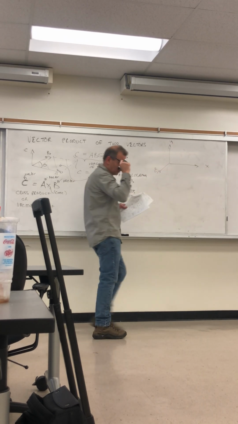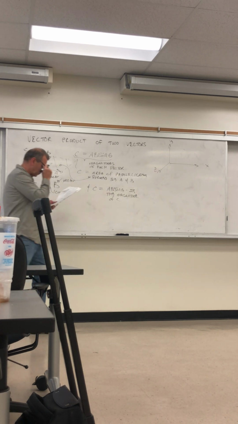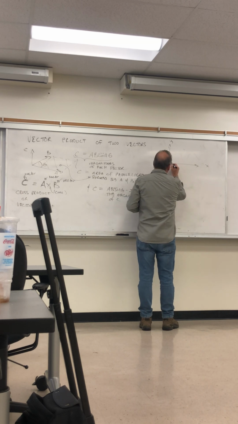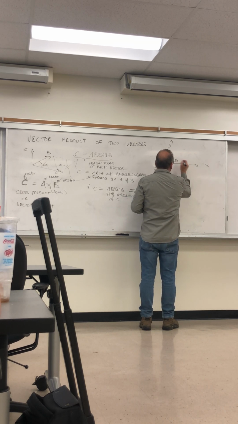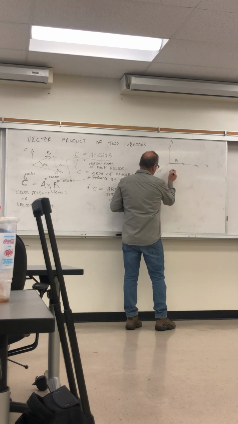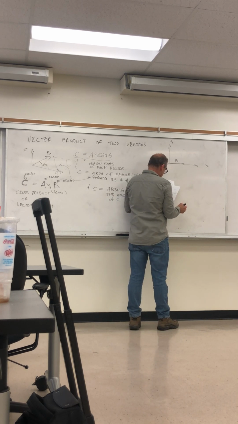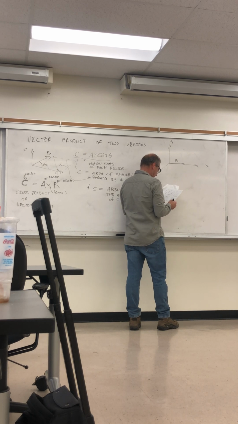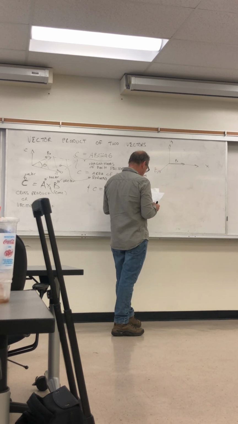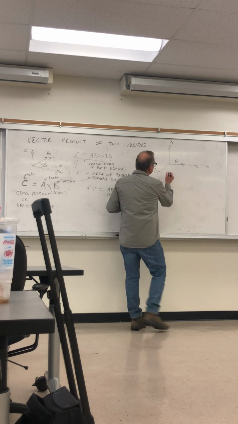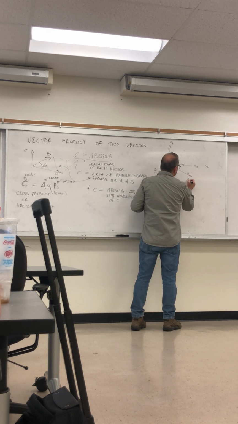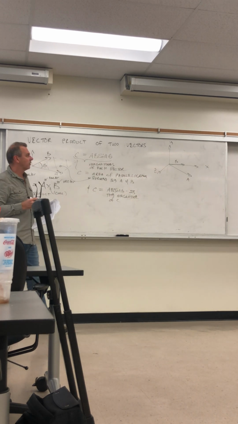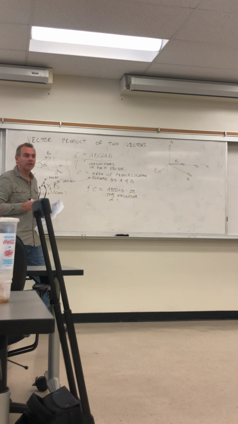This is in 3 dimensions, X, Y, and Z. And let's have a vector B here, vector A. A and B are both in the XZ plane, so the cross product can show up in the Y direction.